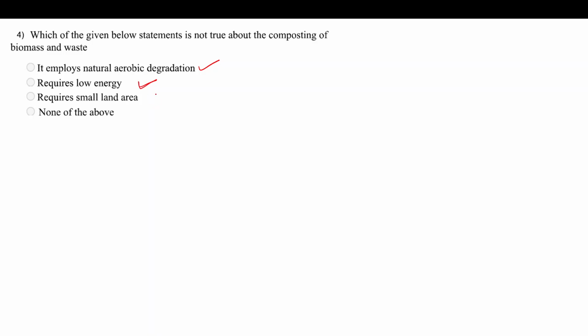Yeah, so it does not require any external energy, but it requires a large land area, which is not correctly mentioned here. So requiring a small land area is the wrong option, because you need to give a large area so that it will have proper contact and so on.